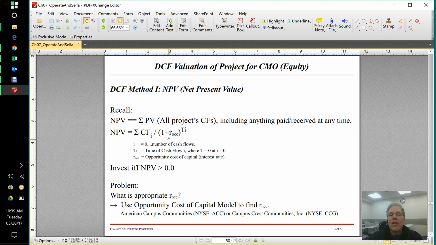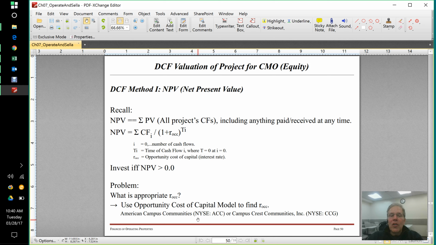And we're going to need to discount all these cash flows back, PV them all, by the opportunity cost of capital for this player. And as usual, finding opportunity cost of capital can be a little bit tricky. But in this case, we can actually give it a reasonable shot. Let's use the opportunity cost of capital model, okay?